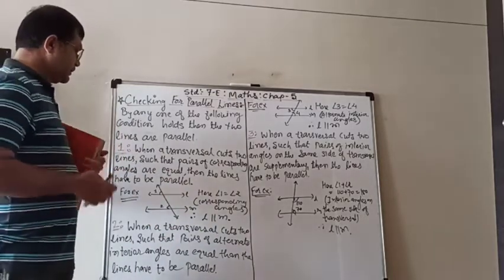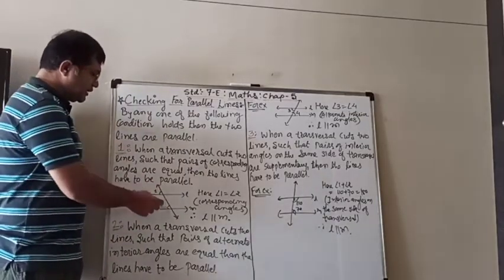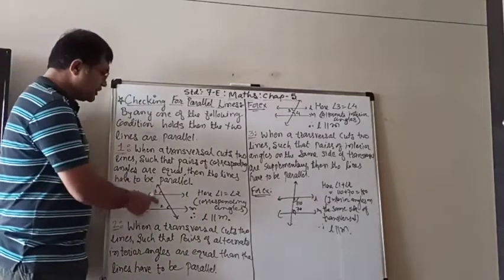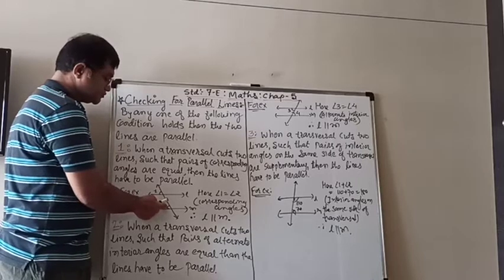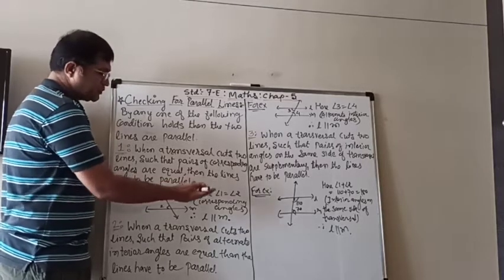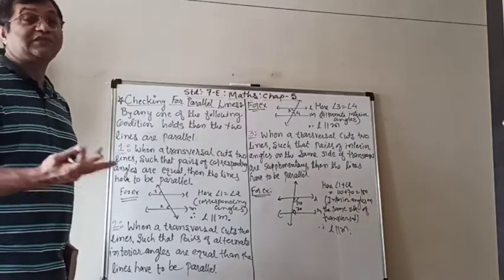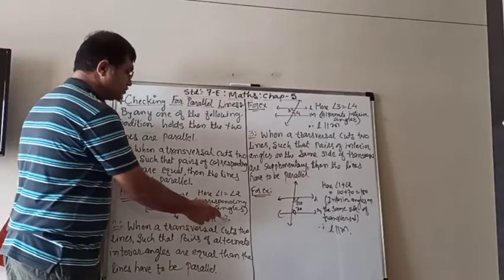Now the transversal is that. We know that angle 1 and angle 2 are corresponding angles. Now, if angle 1 is equal to angle 2, the corresponding angles are equal. So, if corresponding angles are equal, the lines are parallel. Therefore, L is parallel to M.